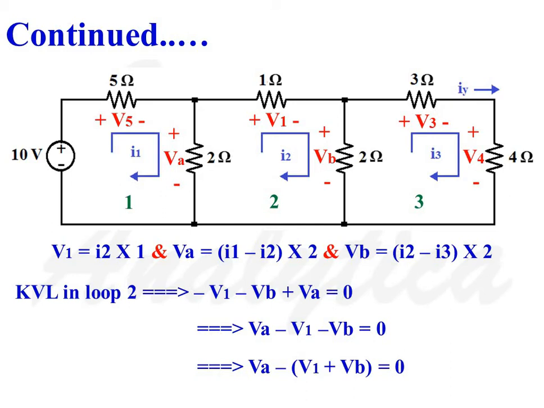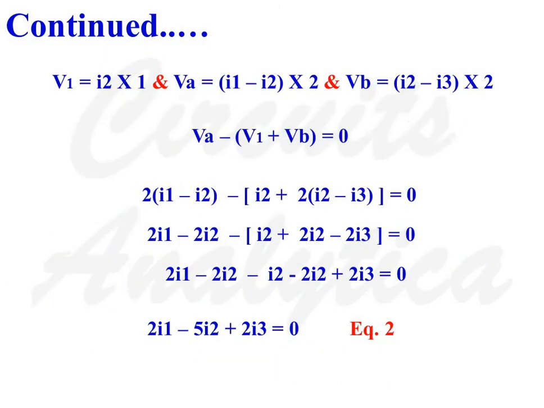When we consider V1, as we move from positive potential to negative potential, V1 should be taken as negative. Similarly, when we consider VB, as we move from positive potential to negative potential, VB also should be taken as negative. So plus VA minus V1 minus VB is equal to 0. VA is equal to V1 plus VB. VA is equal to 2 into (I1 minus I2).